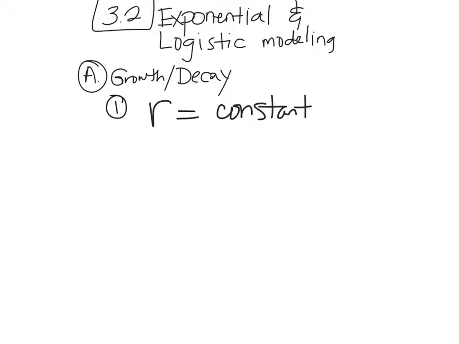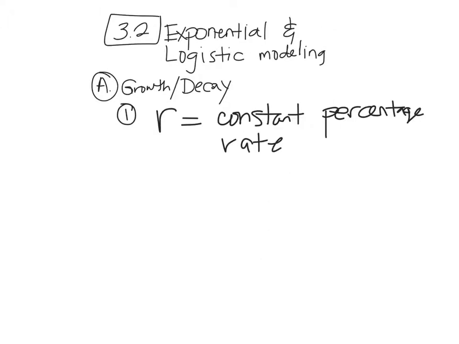It's not going to say, oh, it's a 2% rate of growth in this time, and then it changes to 2.5. It's just going to be 2 the whole time, or 4, whatever it is. So it's a constant percentage rate.